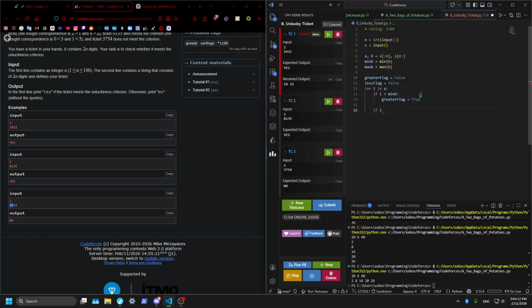If i is greater than the largest digit, max B, greater flag equals true. If i is less than the smallest digit of B, then less flag equals true.